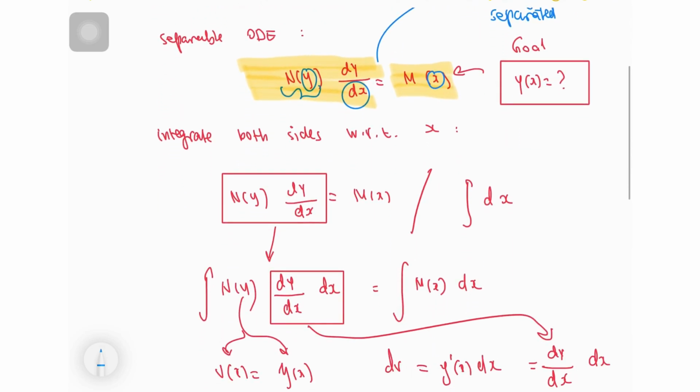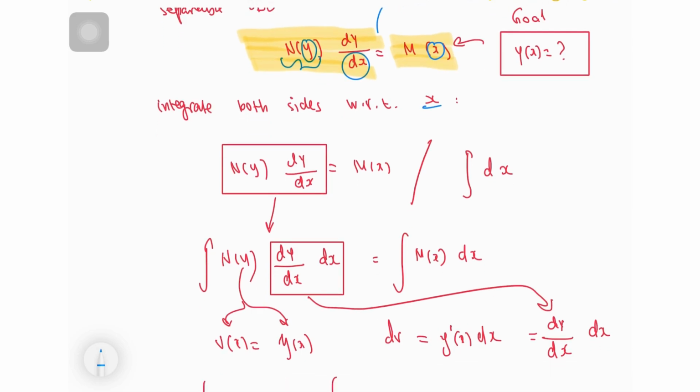So the strategy here is to integrate both sides with respect to x. And when we do that, we obtain the integral n of y dy over dx dx equals the integral of m of x dx.